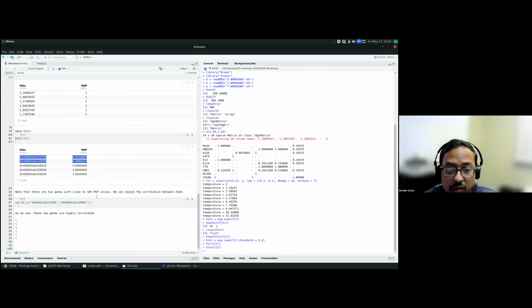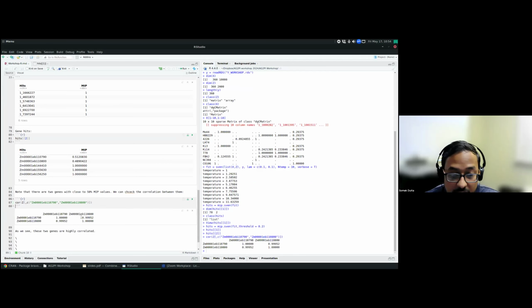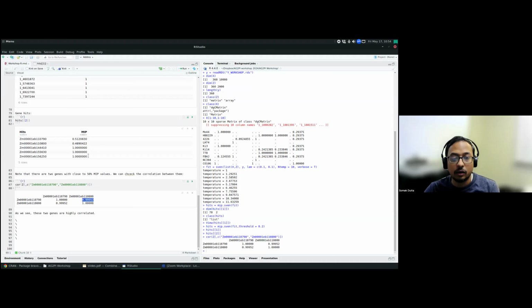Now, why is that so? We can look at these particular genes and at the correlation between those 2 genes. And we see that these 2 genes have more than 99% correlation between the 2. And as we saw, when that happens, the posterior probability gets divided between those 2 genes, okay? So SVEN thinks all these 5 genes are good hits.